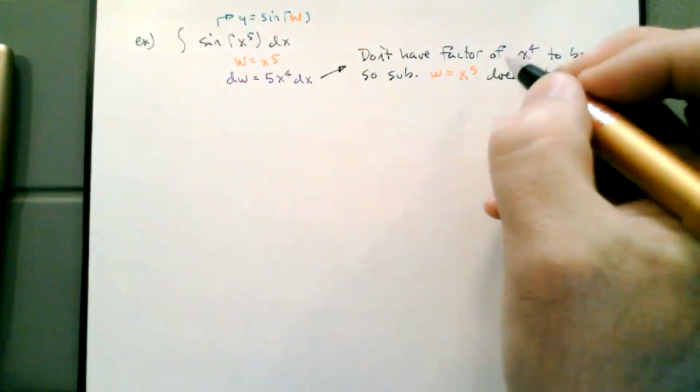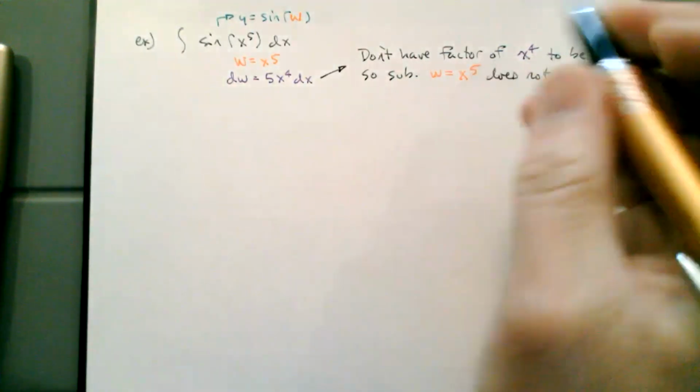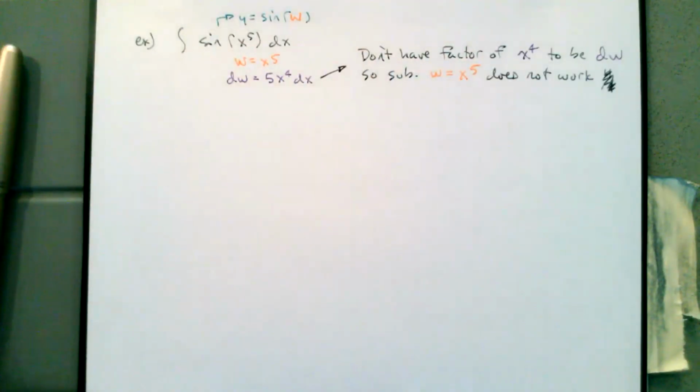We're not just plunging on ahead, assuming that things are going to work out. We know something is not going to work, so we've learned something. That's +1. We may not have learned how to integrate this function, but it's still progress because we know how not to integrate this function. We know the substitution that's not going to work.